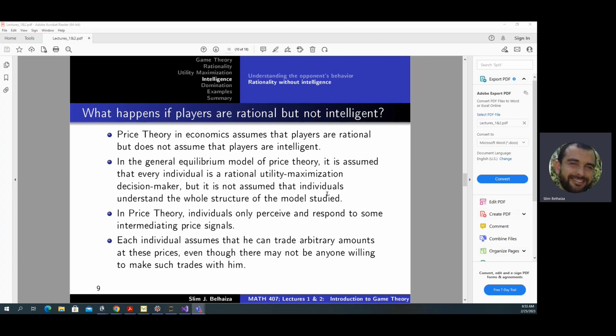So, in price theory, individuals only perceive and respond to some intermediating price signals. And each individual assumes that he can trade arbitrary amounts at these prices, even though there may not be anyone willing to make such trades with him.